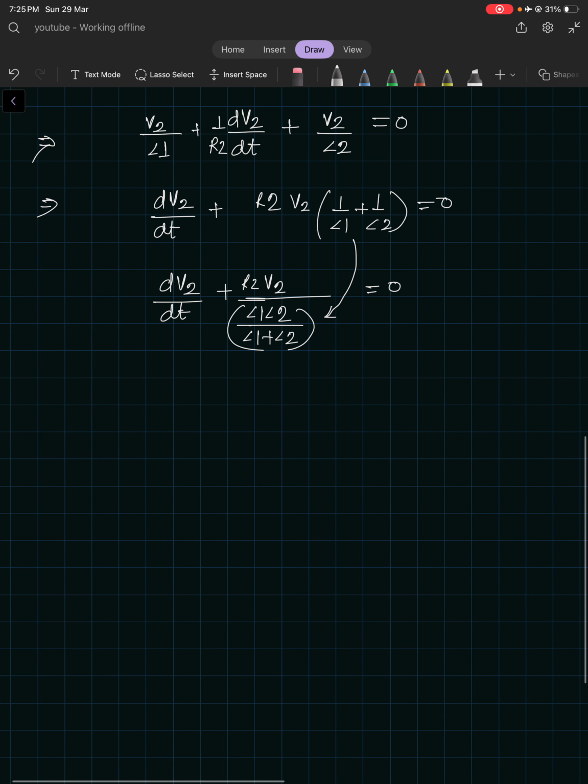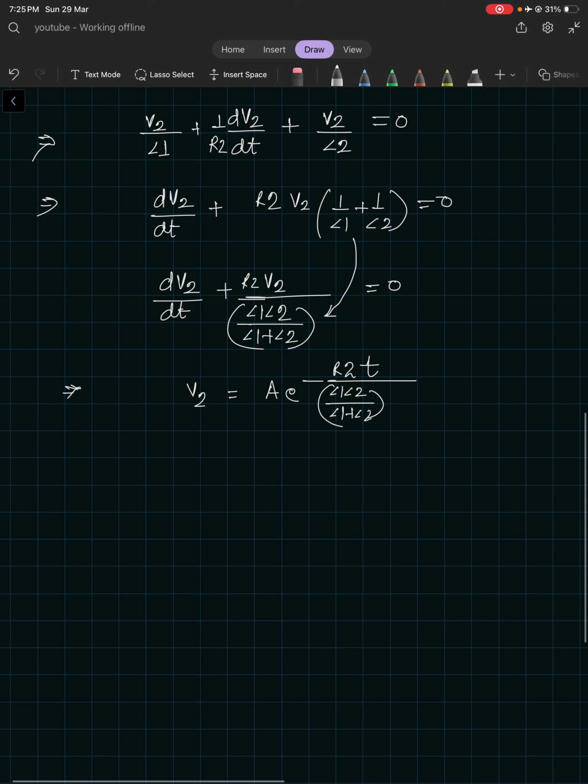Okay, now if you solve this equation, we will get V2 as a constant times e to the power minus R2 times L1 L2 upon L1 plus L2, into t, right? Now we can put the values and see what we are getting.